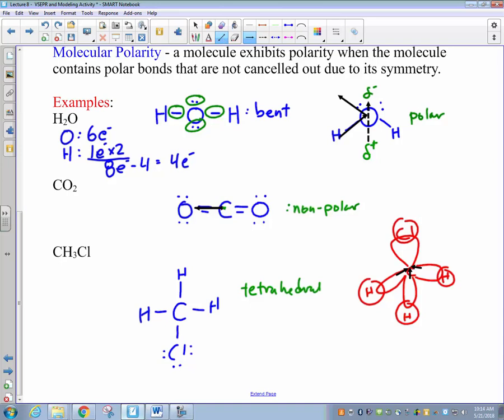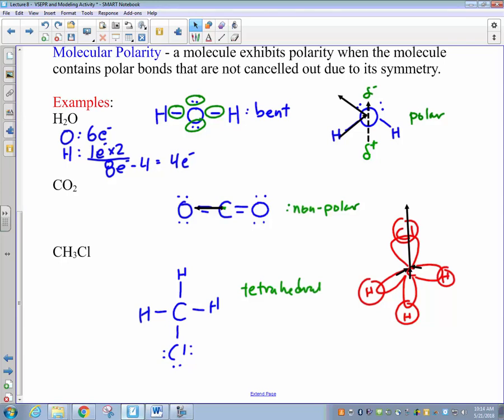However, the carbon to chlorine bond is a very, very polar bond due to the much larger electronegativity of chlorine than carbon, and as such, when we add all of those vector dipole moments together, tip to tail, we end up with a resultant vector which is not equal to 0, and as a result, we would say that chloromethane is a polar molecule. That is to say, it has a polar bond present within the molecule, and the arrangement of those bonds is asymmetrical, which yields a net overall vector dipole. So this is a polar molecule.